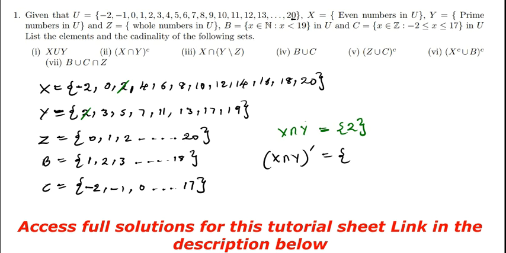These elements are in X as well as Y, but they are not in both of these two sets. So that is going to be the elements -2, then 0, 3, 4, 5, and so on up to 20. This is the answer to X intersection Y complement, simply elements which are not found in X intersection Y.